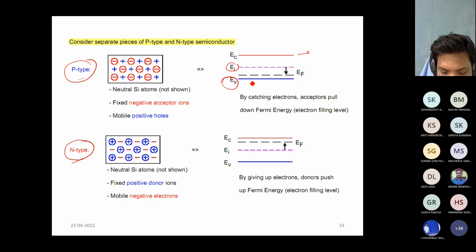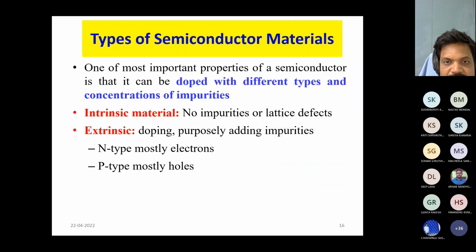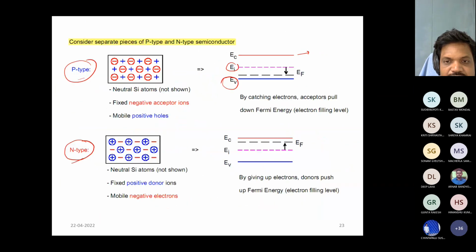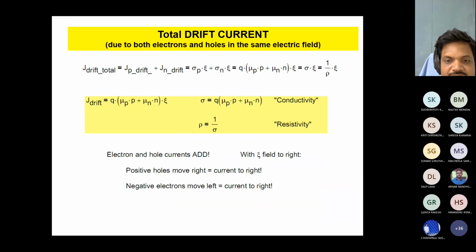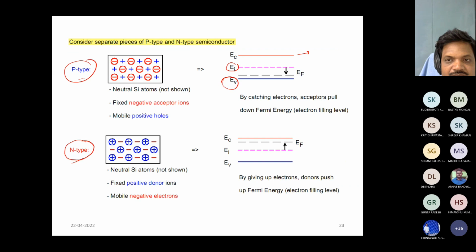So now, if you consider the p-type semiconductor, what does it indicate for the p-type semiconductor? You tell me.